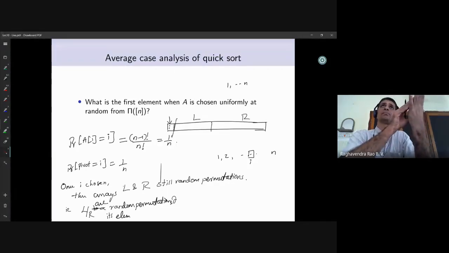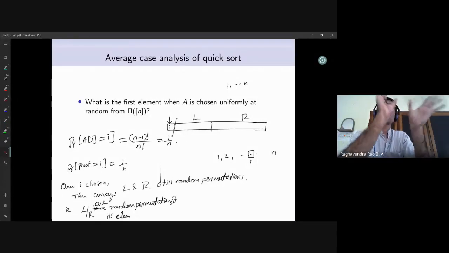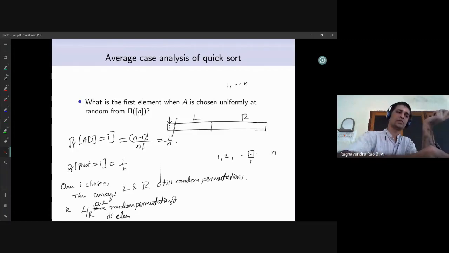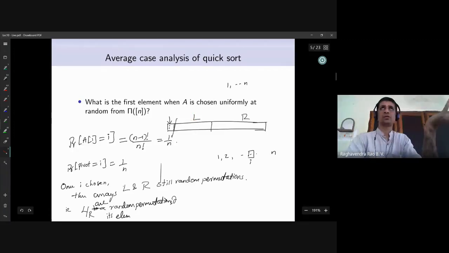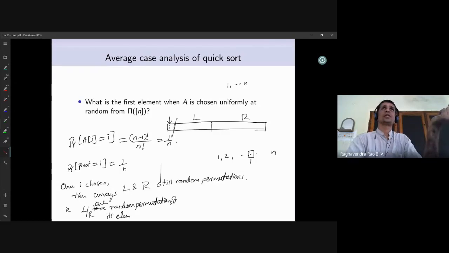That randomness is not lost because I'm not reordering elements in L. I'm just marking them. When I say left subarray, I'm only marking them. I'm moving to a new array, but I'm not changing their positions. Their relative positions are the same in relation to each other.